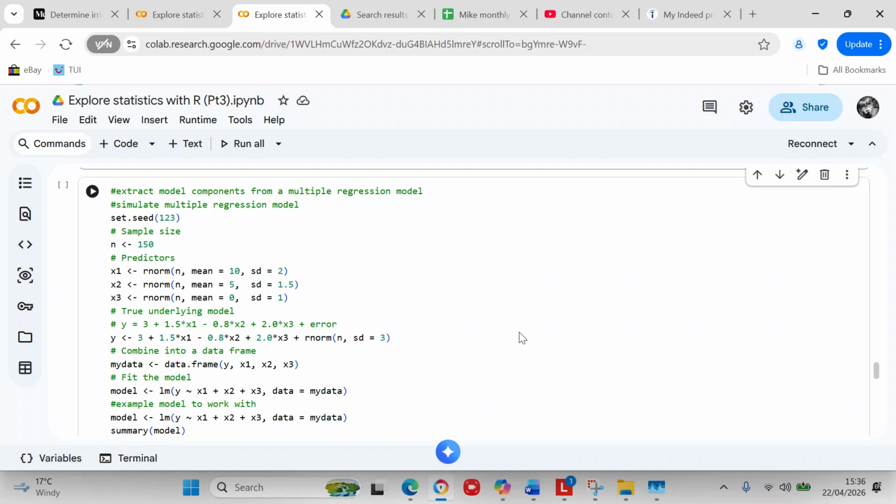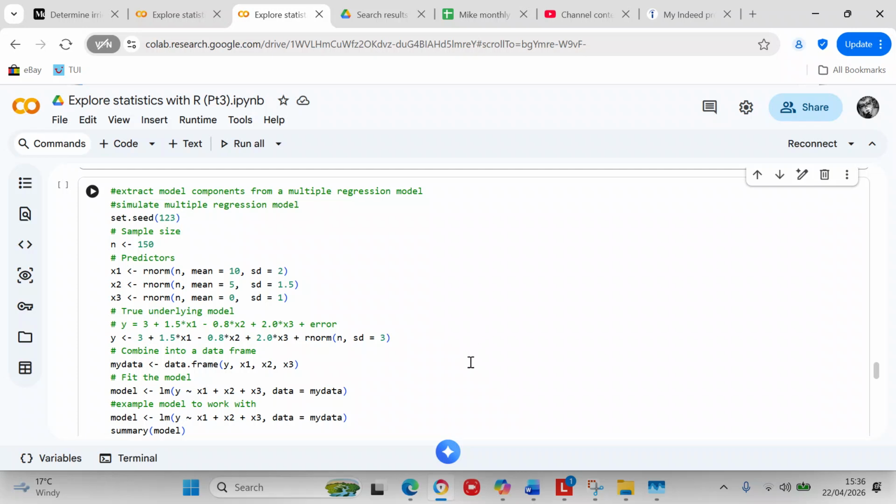So we're going to combine all this data into a data frame. And so the data frame is going to be comprised of y, which is your dependent variable, and x1, x2, x3, which are your independent variables. So my data becomes data.frame(y, x1, x2, x3). So we're going to fit the model. So model becomes lm, that's linear model, (y ~ x1 + x2 + x3, data = my data).